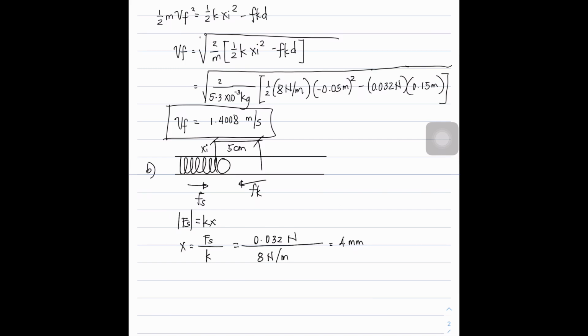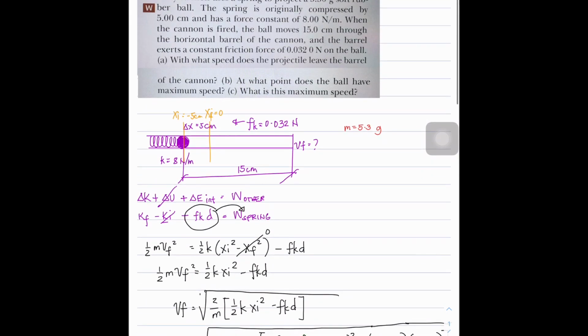So we're gonna subtract 4 millimeters, which gives us 4.6 centimeters from the start. That is where the ball has the maximum speed.